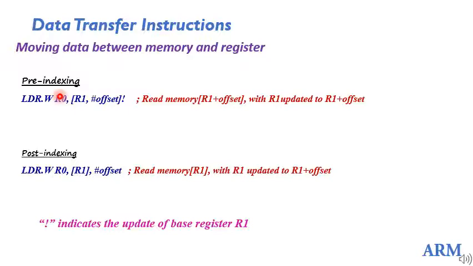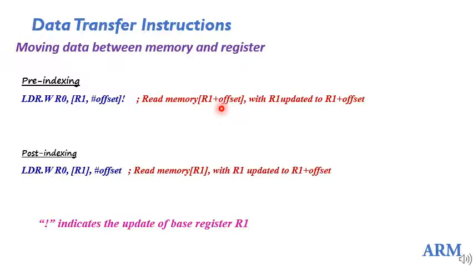And the exclamation mark indicates whether to update the base register R1 or not. The presence of an exclamation mark indicates that the base register has to be updated, and its absence indicates that the base register need not be updated. So the loading will start from R1 plus offset, and the content of 4 memory locations will be loaded into R0.